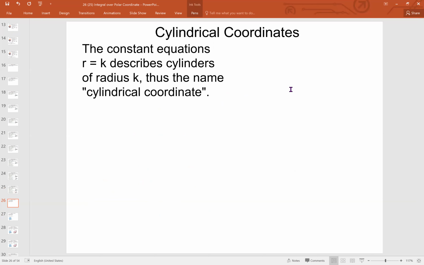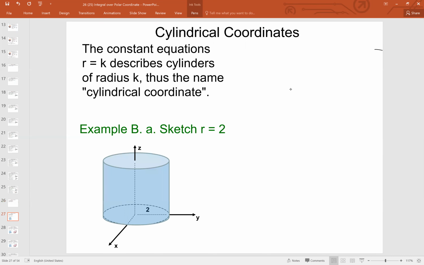So the equation r equal to a constant, on the polar plane is a circle; in cylindrical coordinates z can be anything. Therefore, the circle on the plane becomes a cylinder.